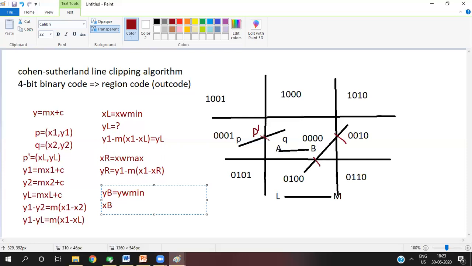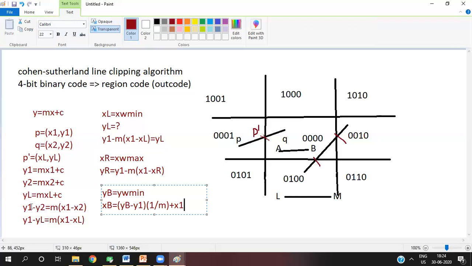xb is equal to, okay, yb minus y1, 1 divided by m, plus x1. Fine, you can calculate it.